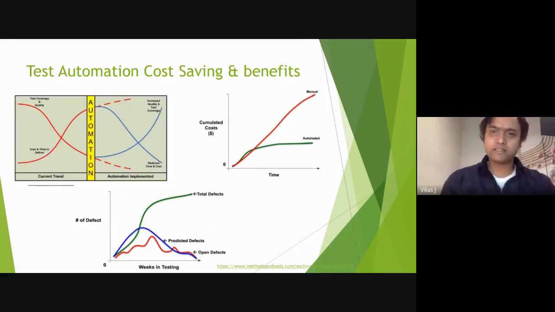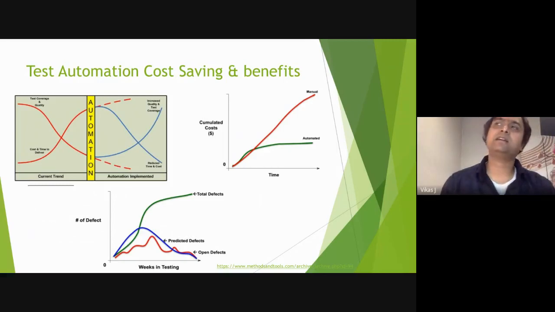So we have shown these graphs as well, where we say over a period of time how the manual costs go up and the automation brings the cost down, even though the initial expenses for automated testing can be slightly higher. And if you see the second graph, there is a break-even point where the automated test initially has a higher cost, but then over a period of time, it pays you back.